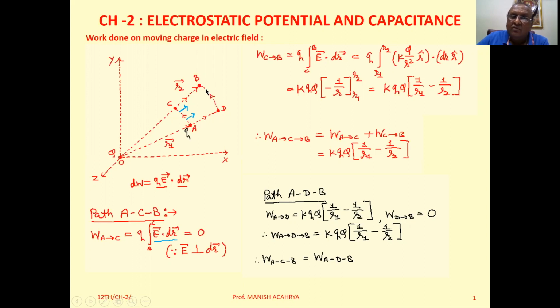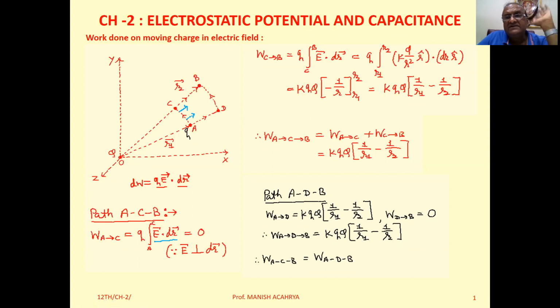So the work done to move on path D to B will be equal to 0, exactly like we calculated for A to C. It implies that the total work done on moving charge q on the path ADB is equal to KQq into 1 upon R1 minus 1 upon R2.